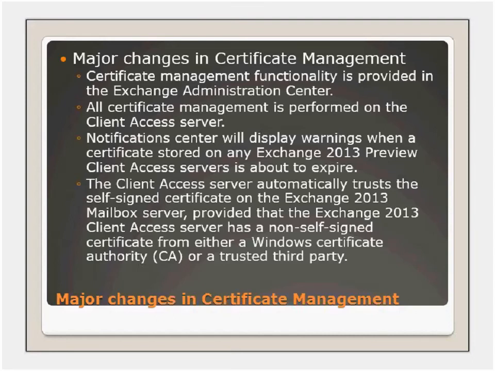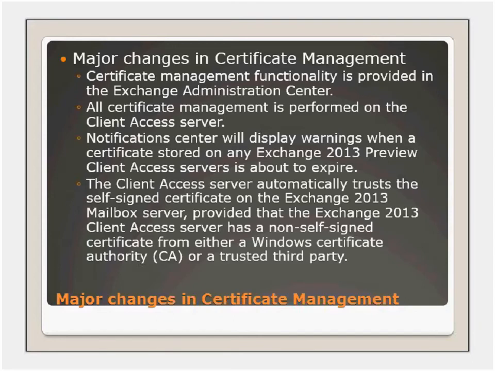You get notified. And there is another cool feature. Suppose you have a client access server role and a mailbox server role running on multiple servers, and you don't have a purchased certificate on the mailbox server role, but you have one running on a client access server role. The client access server role is automatically going to trust the self-signed certificate that is running on the mailbox server role, which is good because it reduces your cost.